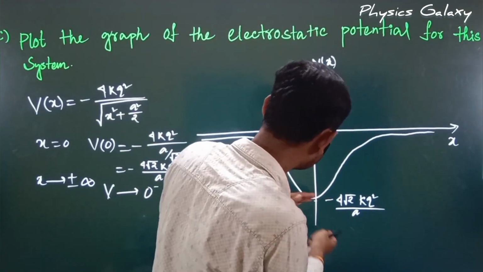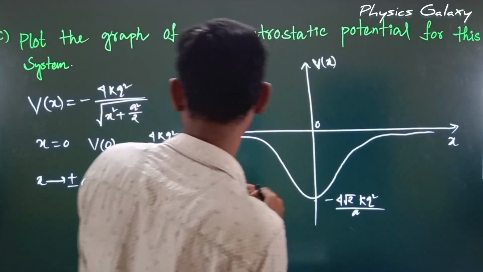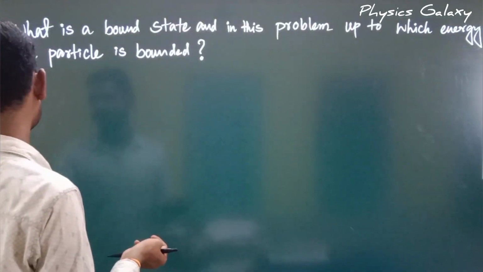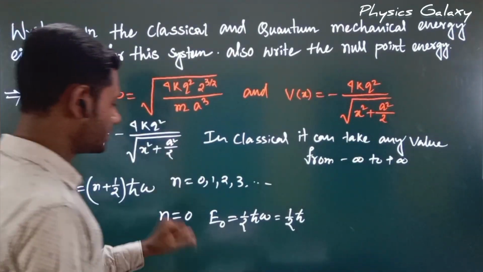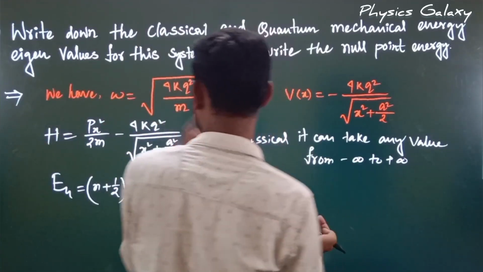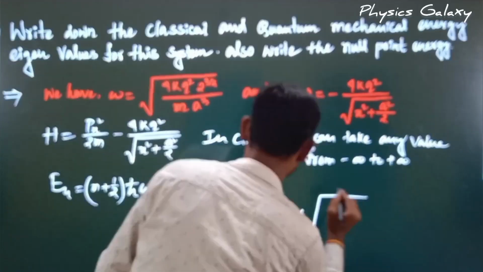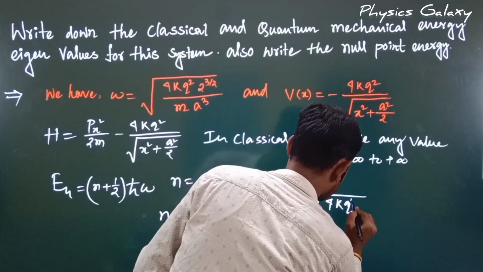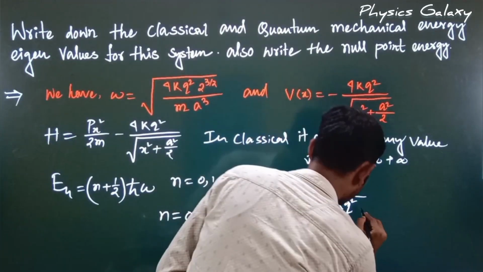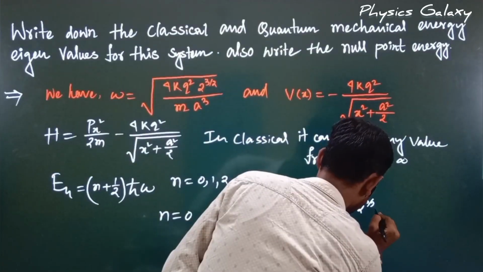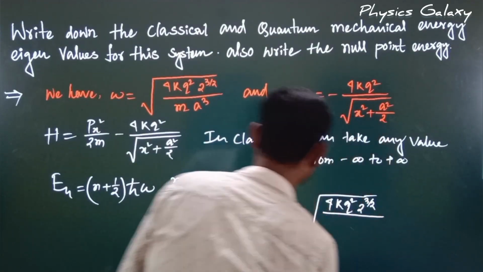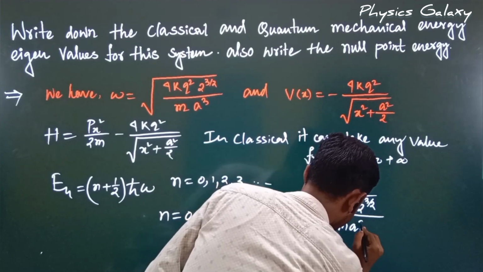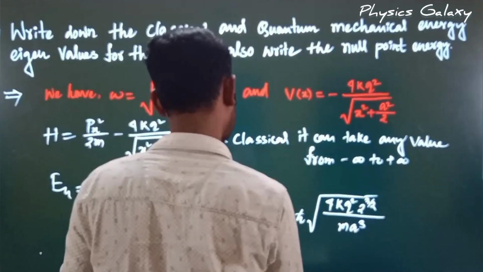So this is a quantum harmonic oscillator for lower value of energy, and that omega is under root of 4 k q square 2 to the power 3 by 2 divided by m a q. Okay, now this is the null point energy.